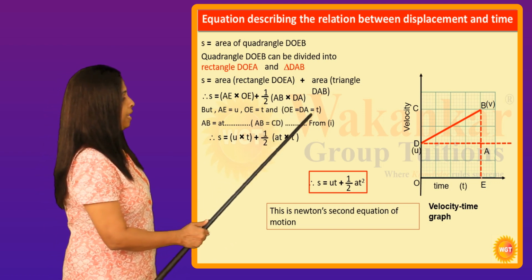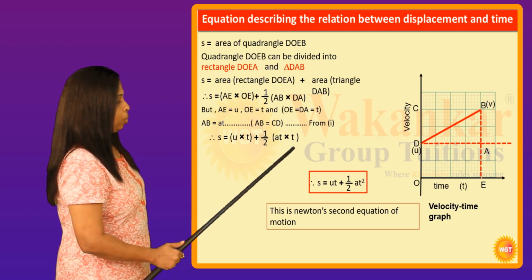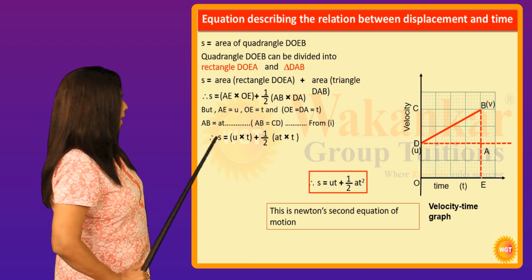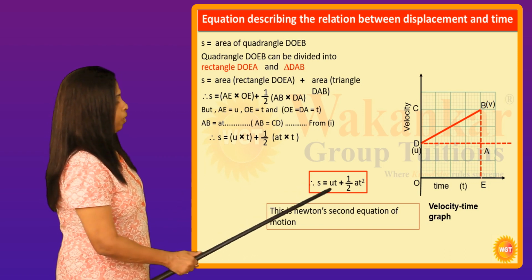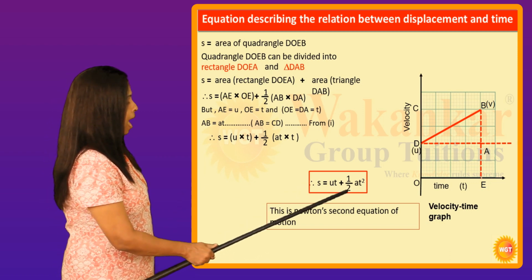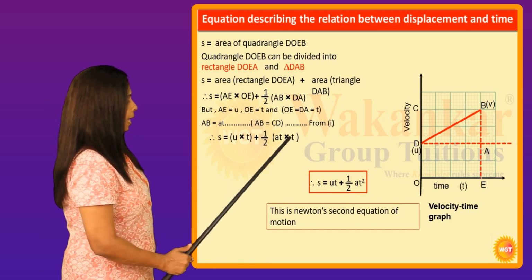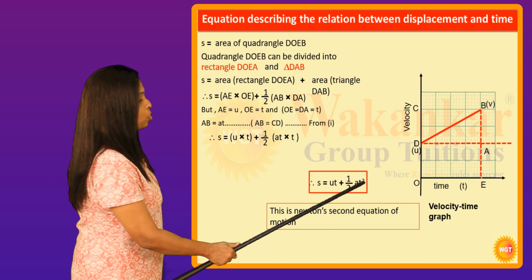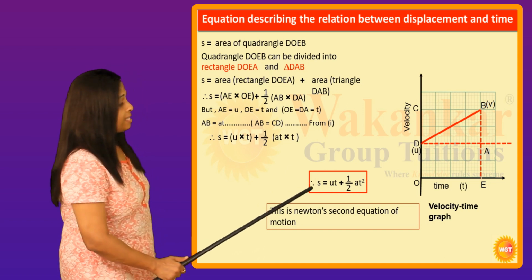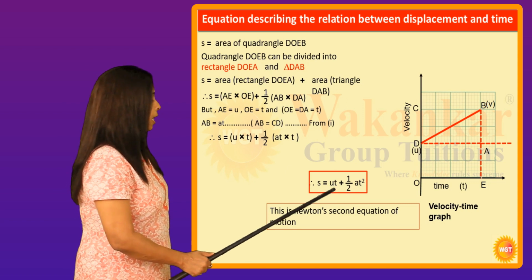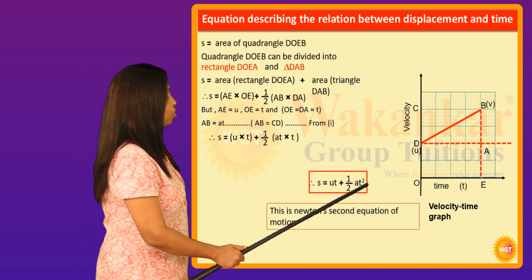OE equal to DA equal to t. So into t. By substituting these values, we get s equal to ut plus half at into t, at square. Thus we get the second equation of motion as s equal to ut plus half at square.